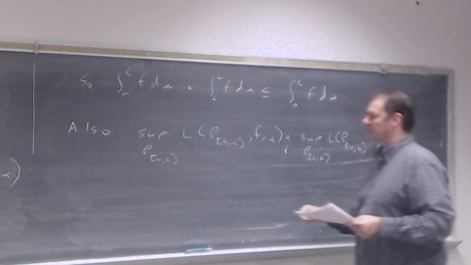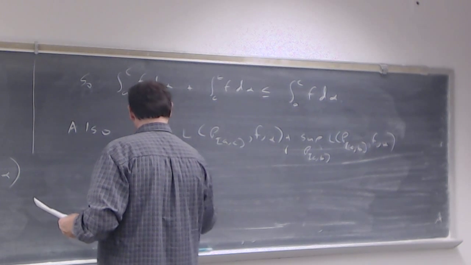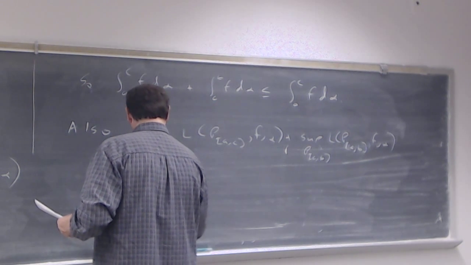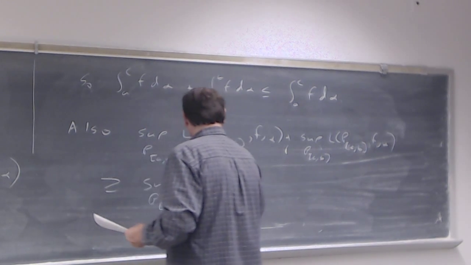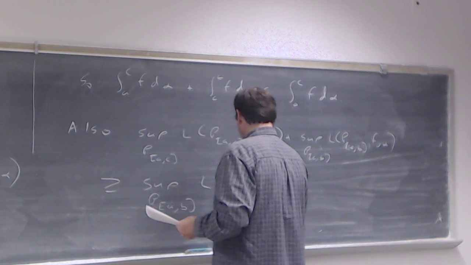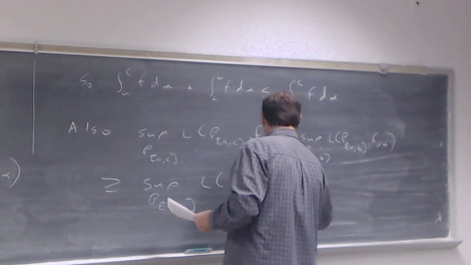That part is going to be greater than or equal to the sup over all partitions from A to B of lower sums involving partitions from A to B of F and alpha.